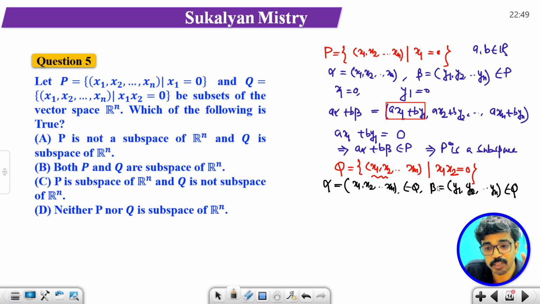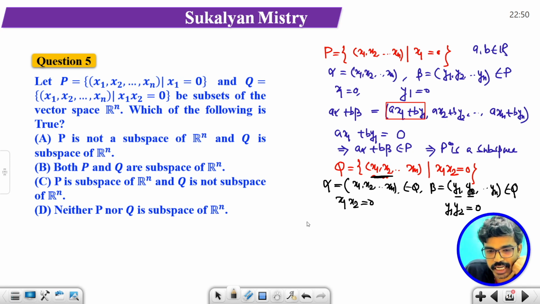ঠিক আছে, that means alpha, what is our target? We have to show a alpha plus b beta belongs to Q. If we can prove a alpha plus b beta belongs to Q then that is a subspace. ঠিক, তাহলে alpha belongs to Q, what does it mean? That means x1 x2 is equal to 0, beta belongs to Q that means y1 y2 ডিফাইন করা আছে x1 x2 so that x1 x2 0, ফার্স্ট দুটো পয়েন্টের মাল্টিপ্লিকেশন 0। ঠিক আছে, ফার্স্ট সেকেন্ড product that is 0, so y1 y2 that is 0.